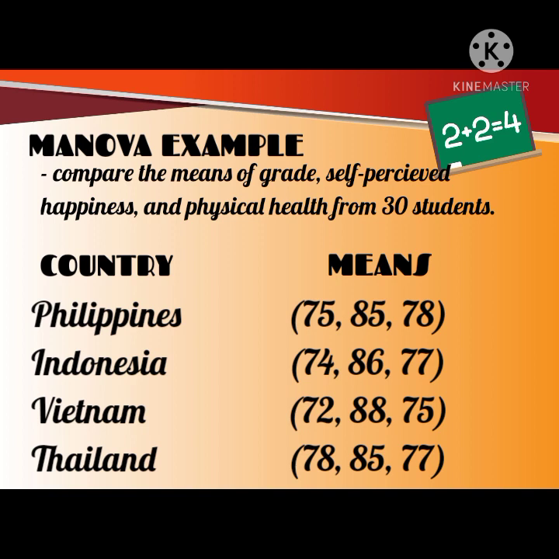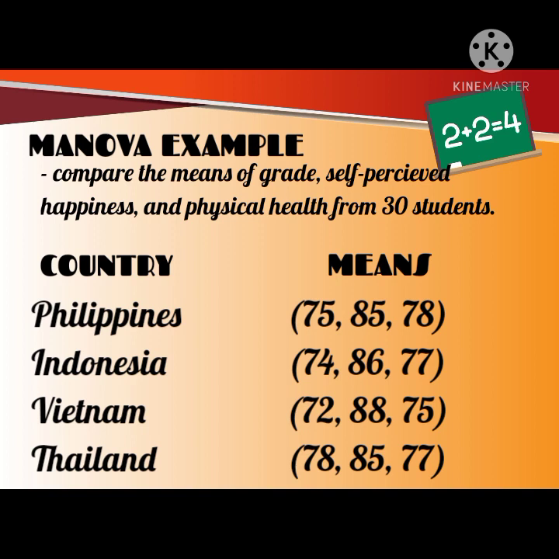A good place to use MANOVA is, let's say, we are trying to compare the mean scores of students' grade, self-perceived happiness, and physical health from 30 students between four different Southeast Asian countries: Philippines, Indonesia, Vietnam, and Thailand.